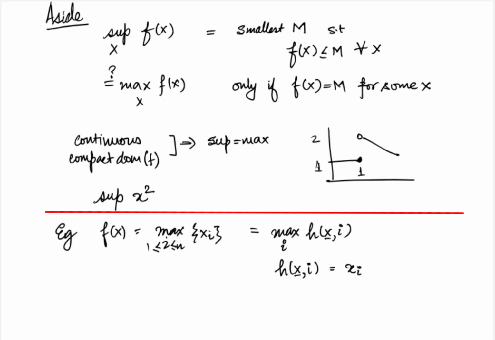As you can see, for each i, the function h of x comma i is a linear function of x for a given i. Hence, h of x comma i is closed and convex. It follows therefore that the function f of x is also closed and convex.